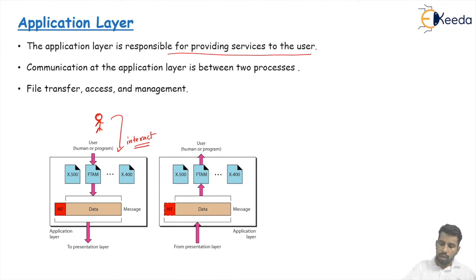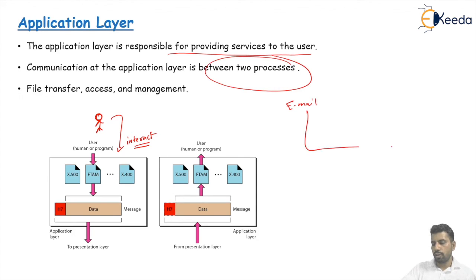Here the communication is between two processes, which I already discussed in the transport layer. Like you are sending an email to your friend, your friend receives that email and reads it. This is communication between two processes.